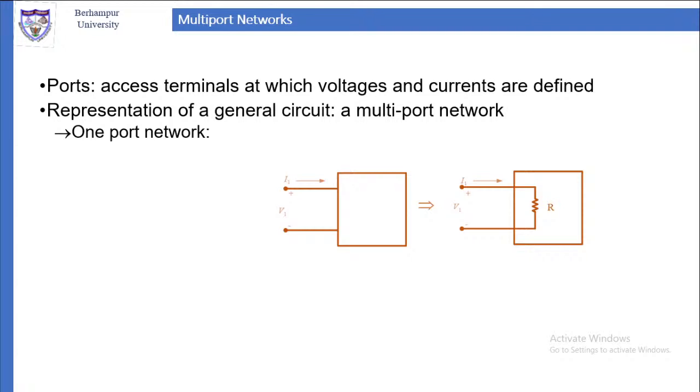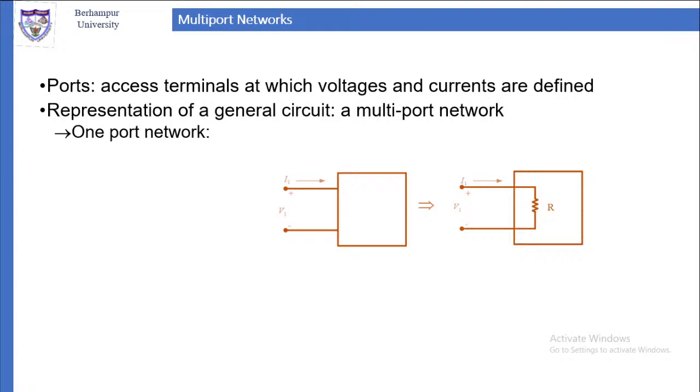Now this is an example of a one-port network. Here you can see the circuit access point is a single port where the voltage across the port is V1, and the current entering the port is I1. For example, let us take a resistor across a voltage terminal.